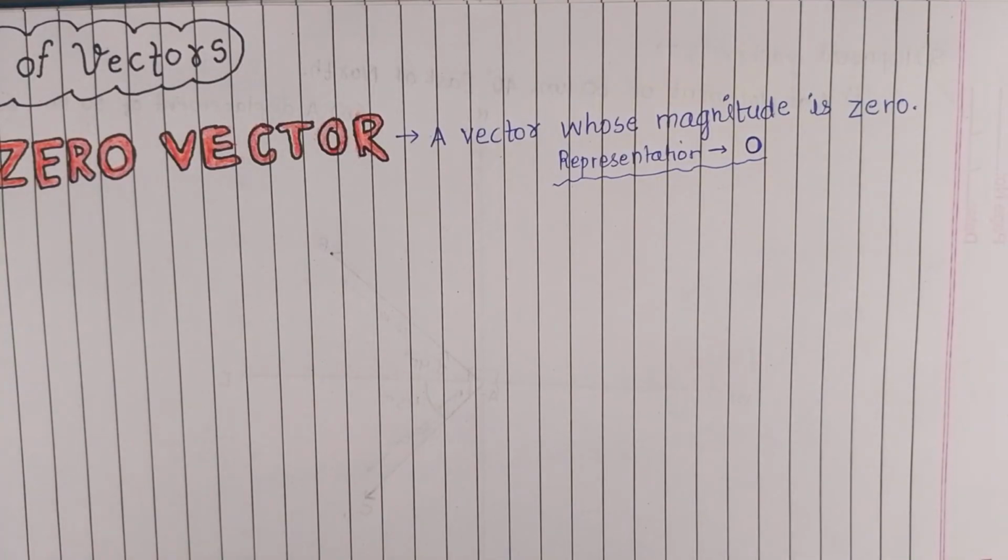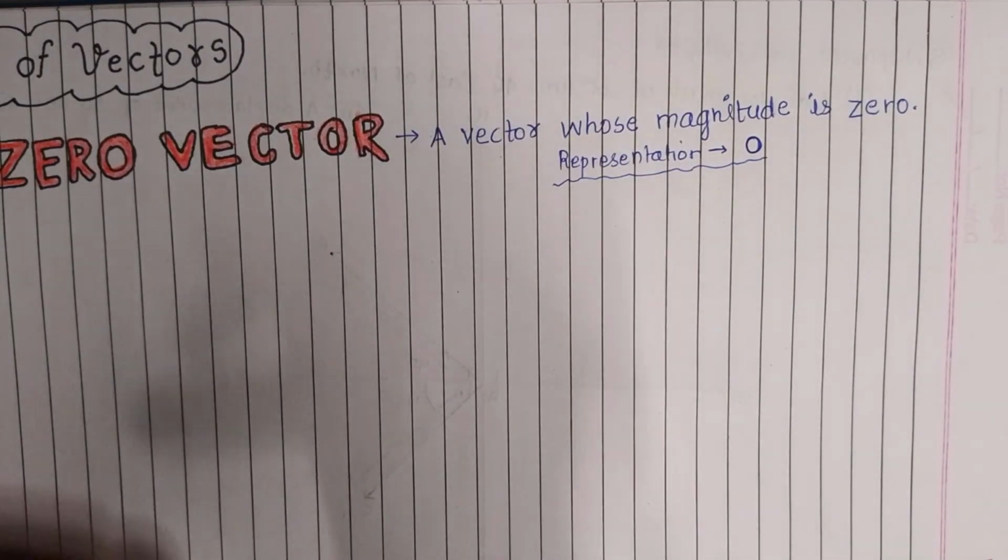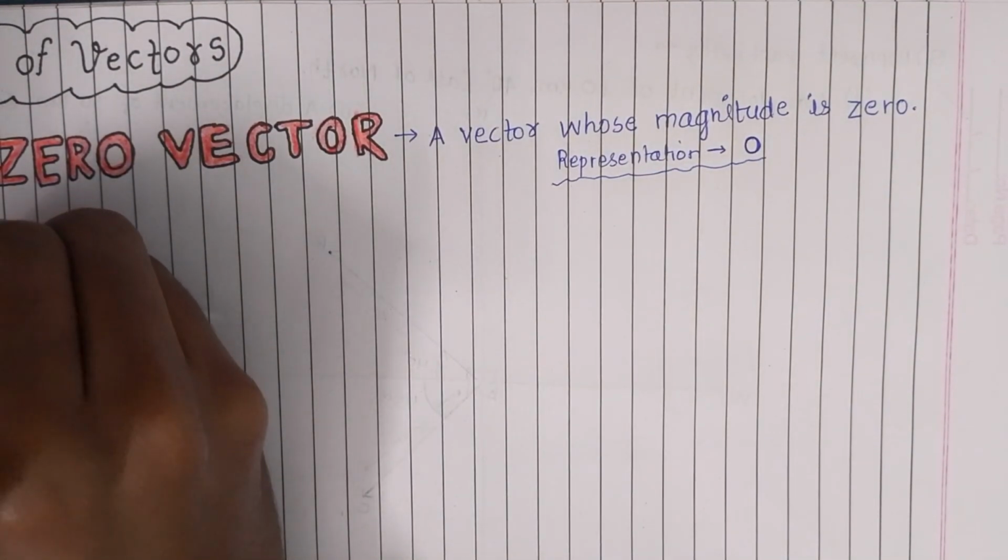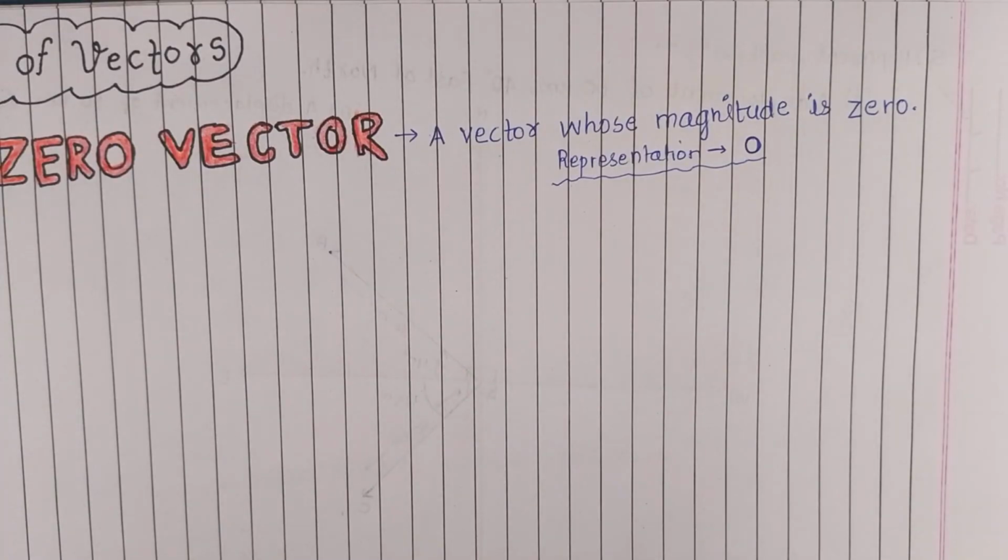Then comes unit vector. We will find so many applications of unit vector in motion when we are given so many dimensions, so many vectors of motion, and we have to figure them out.